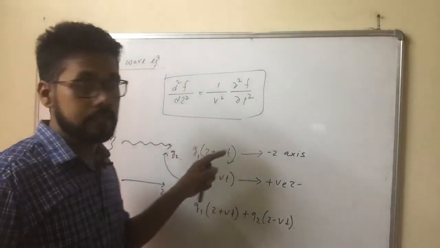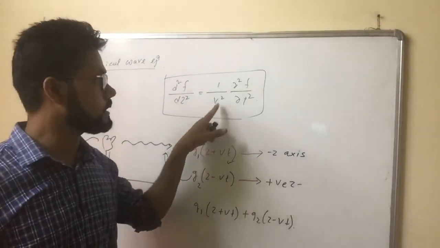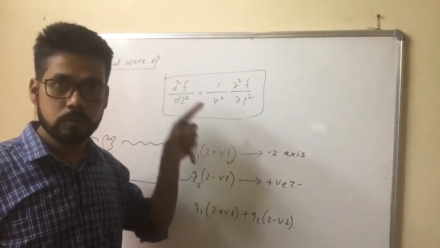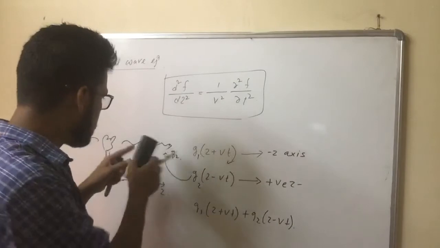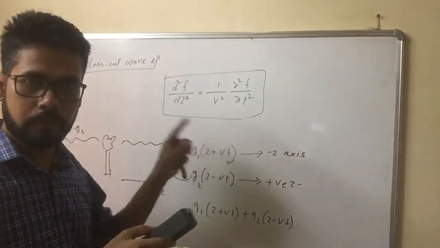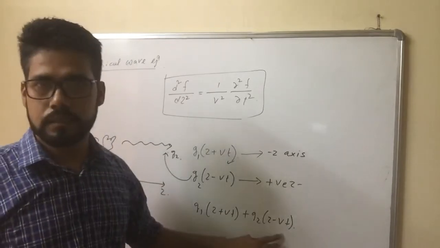So what we understand: this second order differential equation has a v squared, and v squared means it will have two solutions, one in the positive z direction and one in the negative z direction. Both solutions, propagation on the positive side and the negative side, we can combine and represent by this linear solution.